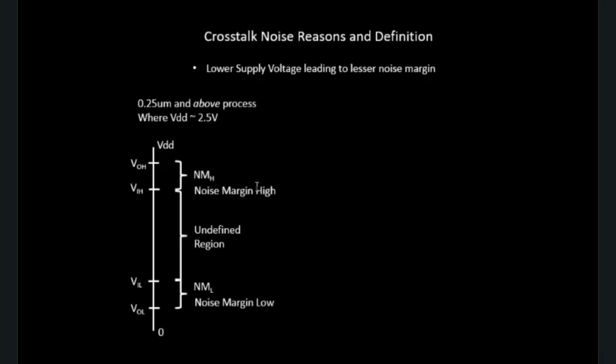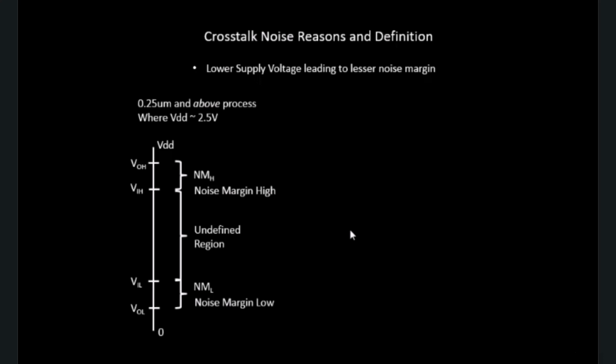In this case we took 10%, that's why VIL was 250 millivolts, and VIH came down to 2.5 minus 250 millivolts, roughly 2.25 volts. So between 2.5 and 2.25 volts lies your noise margin high, and between 0 and 250 millivolts lies your noise margin low. This is just an example, it's a percentage of VDD.